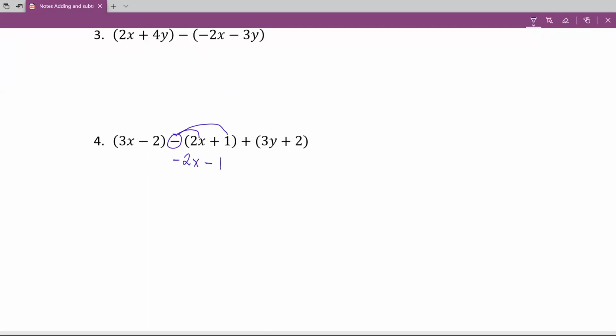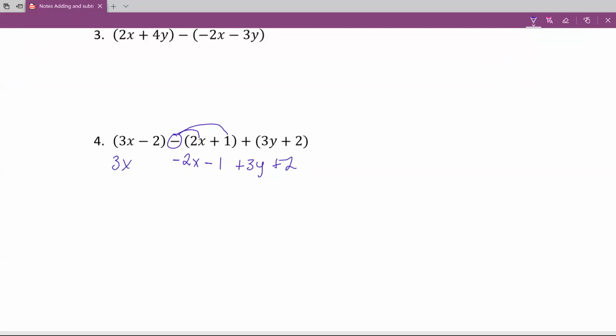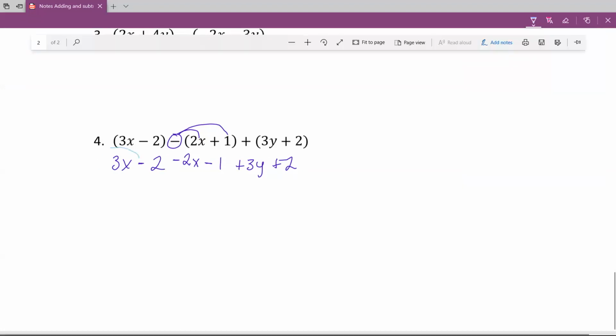But since this one's adding all of a sudden, I'm not going to distribute my negative all the way down. I'm just going to bring it along. 3y plus 2 and 3x minus 2. Now I can combine my like terms. I have a 3x and a negative 2x. 3 minus 2 leaves me with just an x.